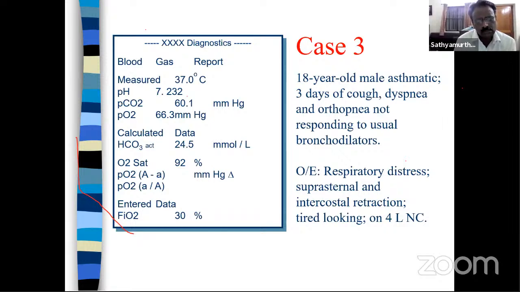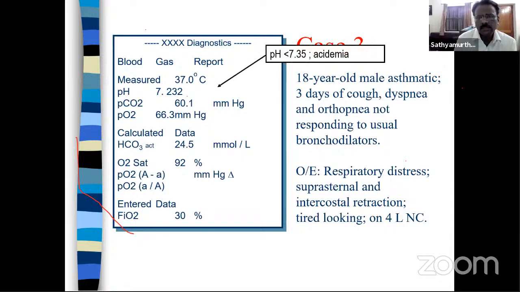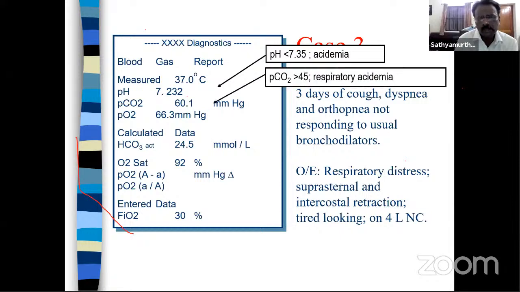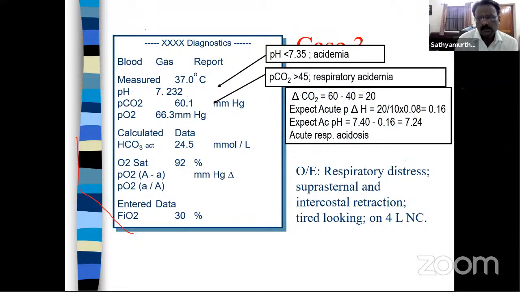Now I have to check whether this patient has acute respiratory acidosis or chronic respiratory acidosis. So what do I do next? I apply the delta pH formula. First I calculate the delta PCO2. Delta PCO2 is 60 minus 40, that is 20.